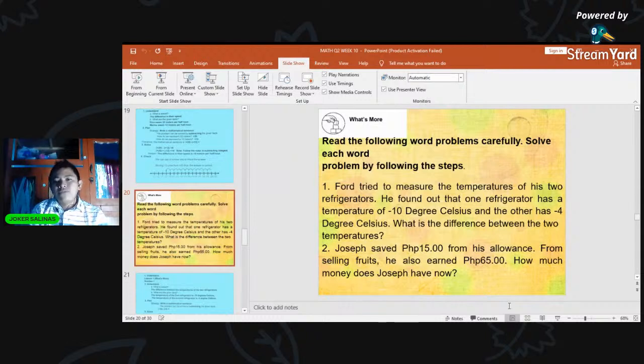Joseph saved 15 pesos from his allowance. From selling fruits, he also earned 65 pesos. How much money does Joseph have now?